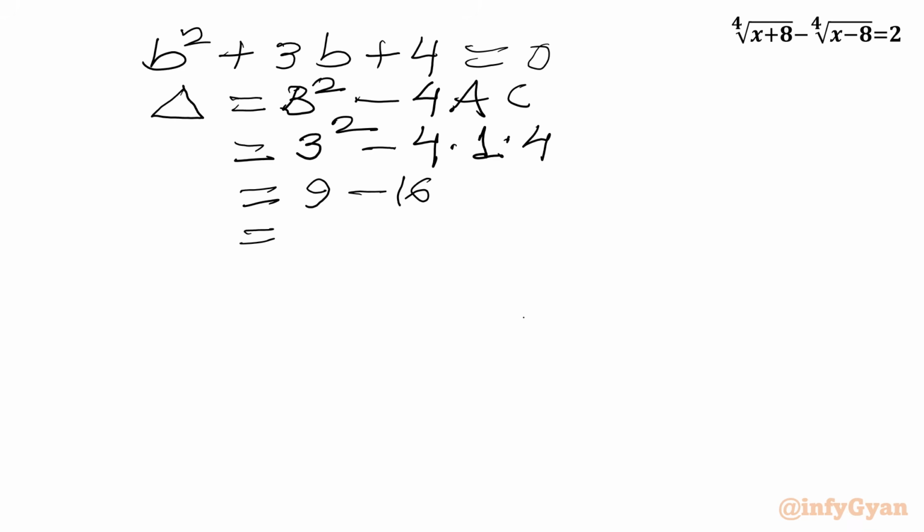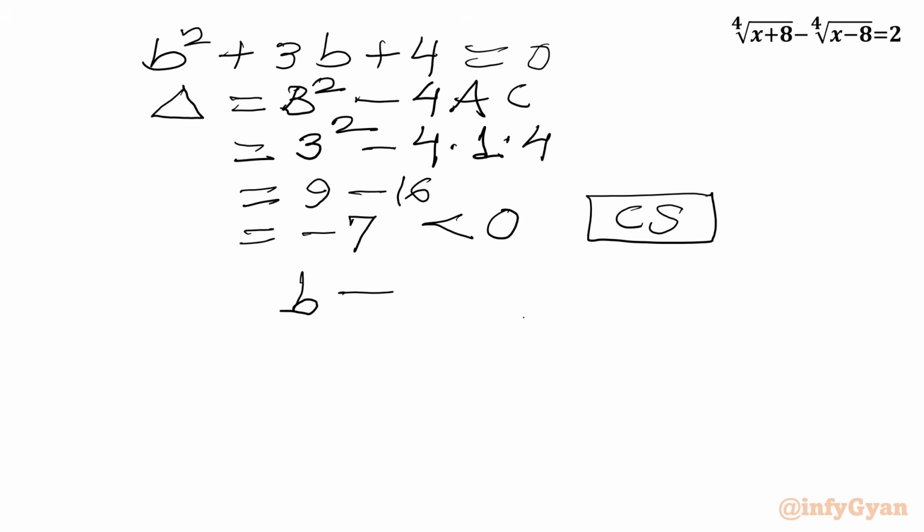Our discriminant is coming out to be negative 7. The discriminant is negative. We will get complex solutions from here. So we can reject this quadratic equation as we are looking for real solutions only. So the accepted one would be b equal to 0.